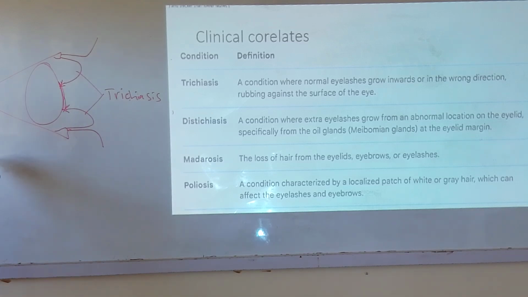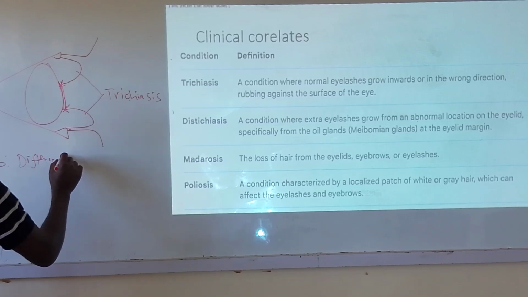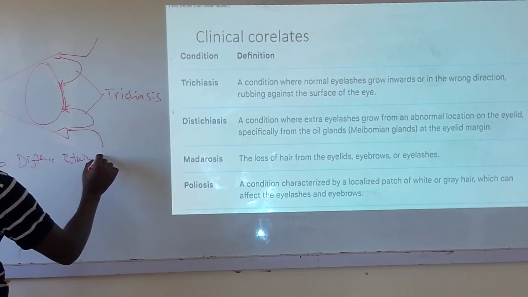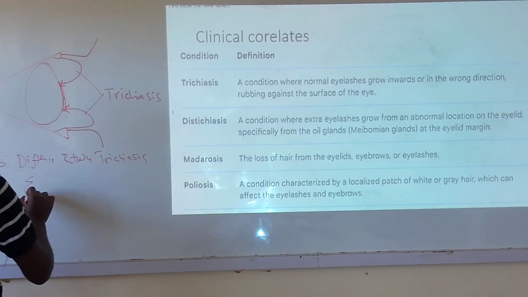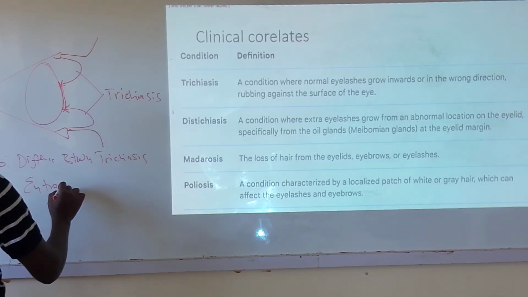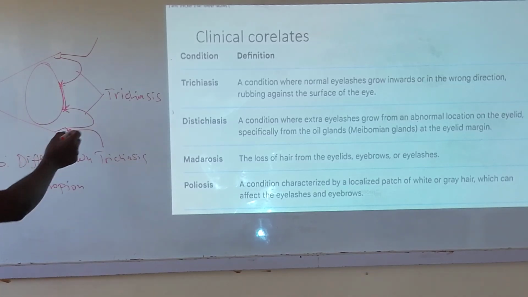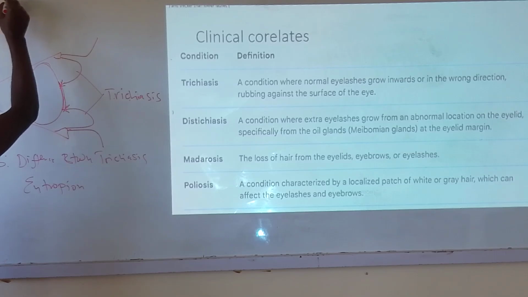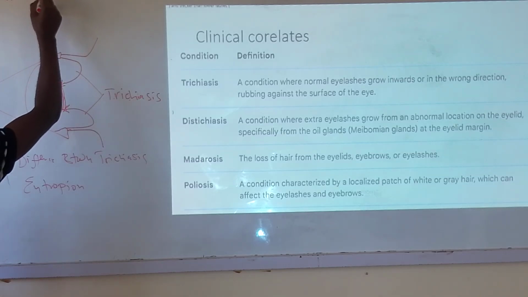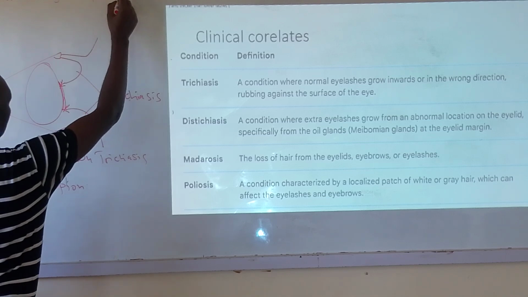And note, there's a difference between trichiasis and entropion. Trichiasis is the inward growing of the eyelashes, the hair.